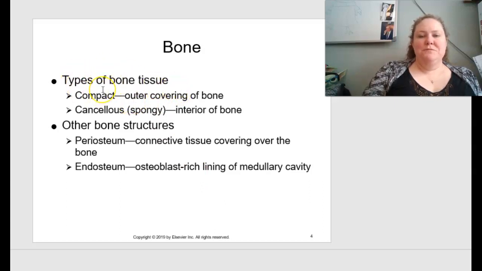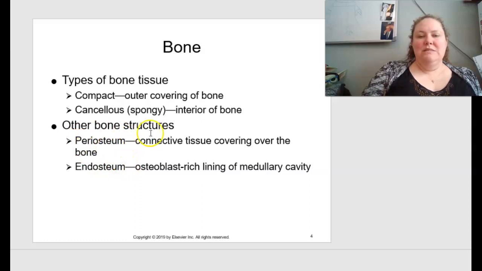We have the compact bone, and this would be the outer covering of the bone itself. And we have cancellous, otherwise known as spongy bone, and this would be the interior of the bone. It's kind of like a lattice work, so it looks like a sponge, and that's why it's called spongy bone.